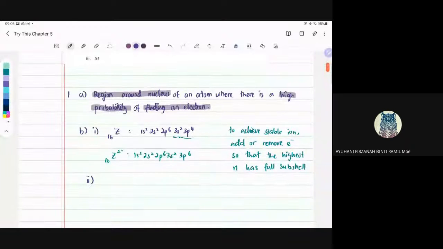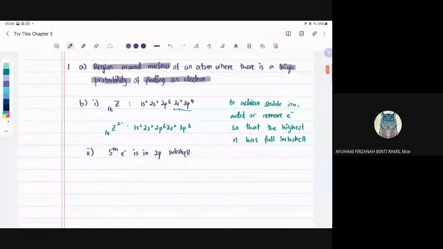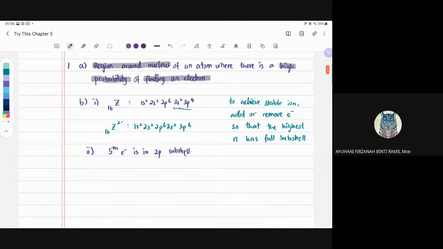Jadi fifth electron is in 2p subshell. Okay, elektron kelima dekat dalam sini. 1, 2, 3, 4, 5. Jadi dekat 2p. So kalau dekat 2p, kita nak bagi dia punya NLMS, state of quantum number dia, kita nak bagi alamat dia, N dia mestilah dekat 2.